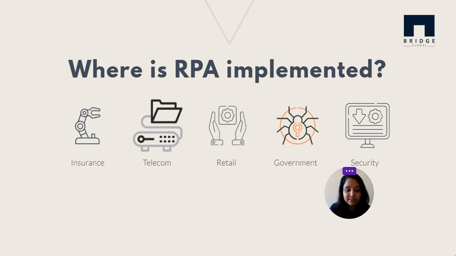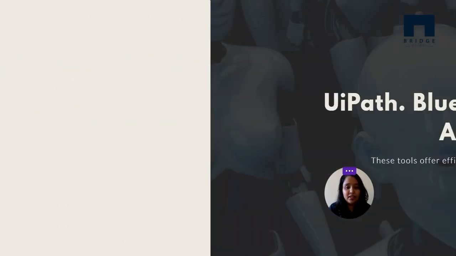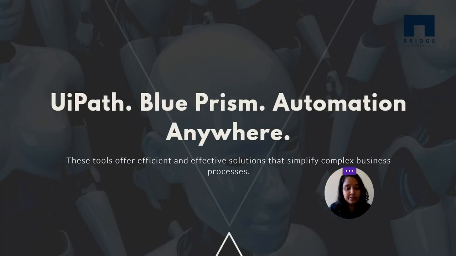So, from processing claims to managing inventory in retail, RPA finds its application in diverse sectors, improving efficiency and reducing cost. Now, let's talk about the leading RPA tools. We have UiPath, Blue Prism, and Automation Anywhere. There are many tools.